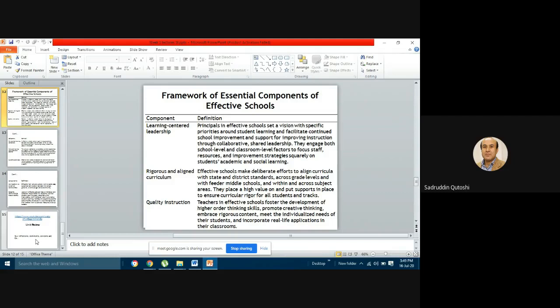So this is one of the components. So you can understand what is the meaning of this component.